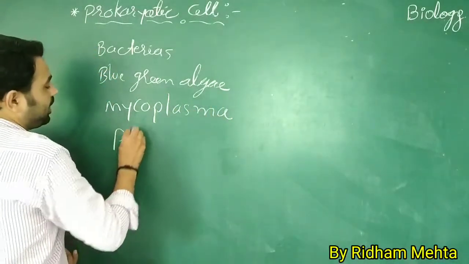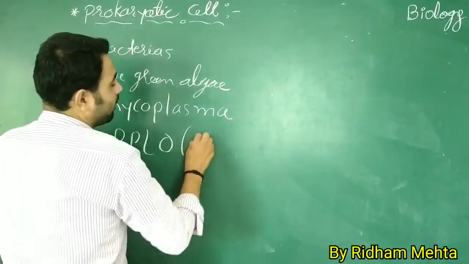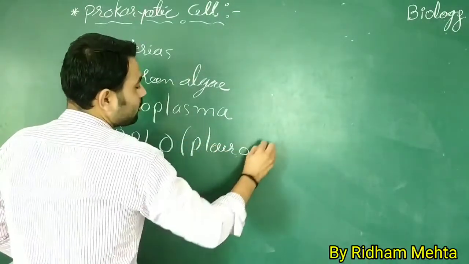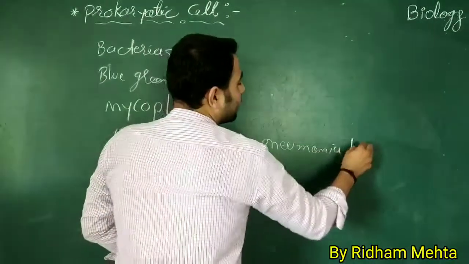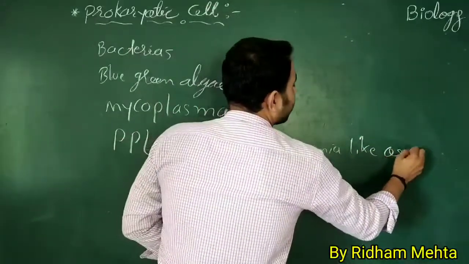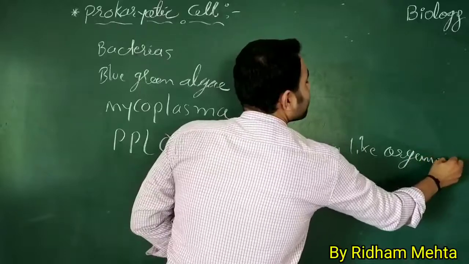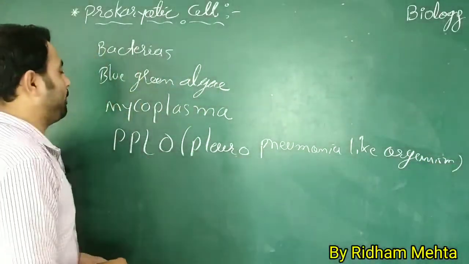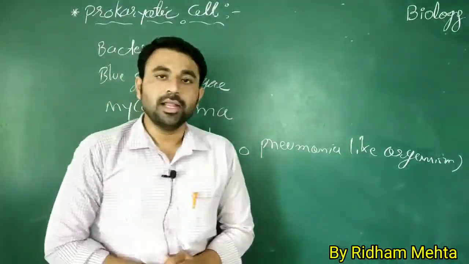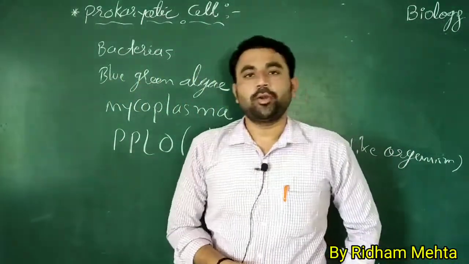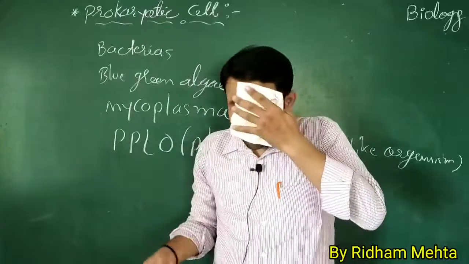PPLO means pleuropneumonia-like organism. So PPLO, mycoplasma, blue green algae, and all bacteria are included in prokaryotic cells. These are the prokaryotic cells.